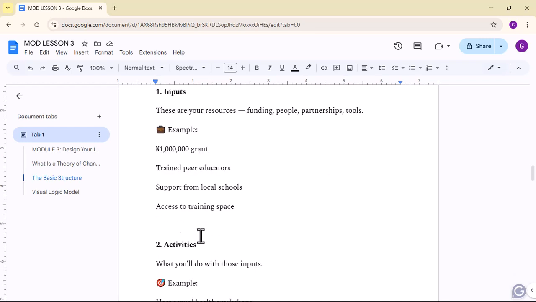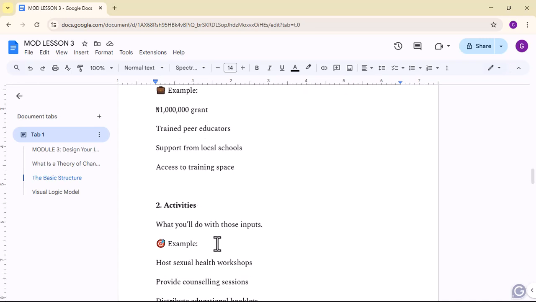Now let's look at activities. This means what you will do with those inputs, just like we've been talking about all this time. You see that this module is about refining your ideas, and all the lessons in it are talking about the same thing.